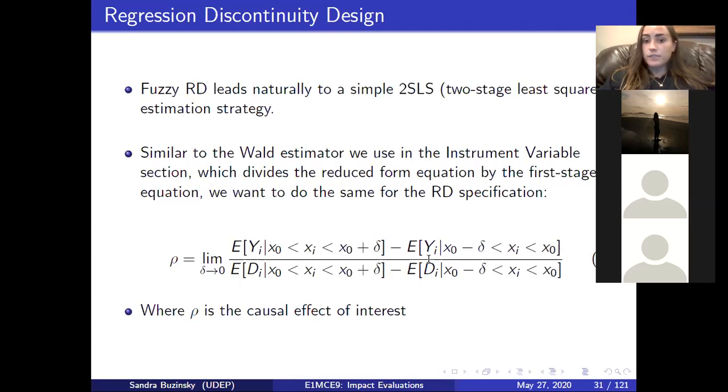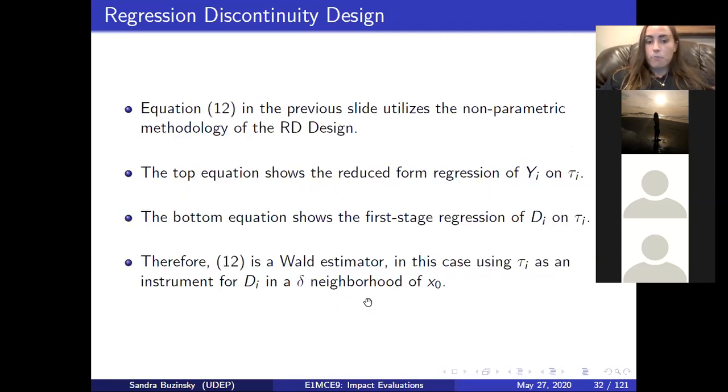We're just taking the difference in means between the right-hand side of the cutoff minus the left, and then you just rescale by the first stage. So we're not worrying about parameterizing it here. Therefore equation 12 is the Wald estimator.